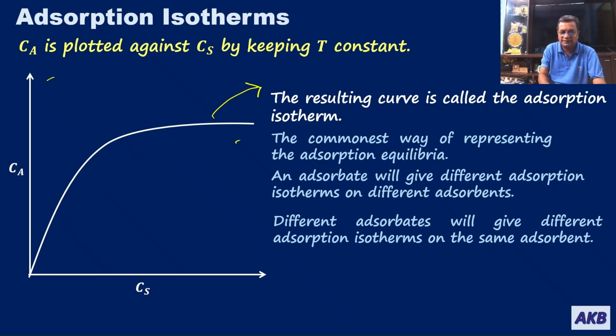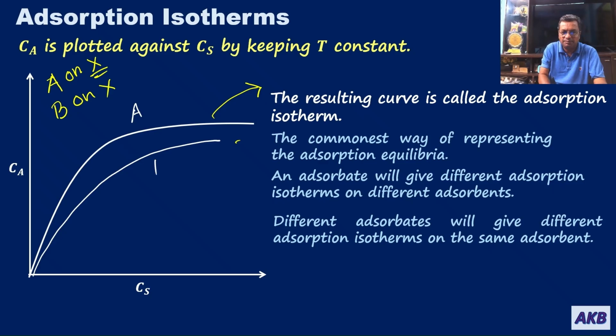For example, let us say we have this adsorption isotherm for adsorption of A on an adsorbent, let us say adsorbent X. Now, if I keep the same adsorbent and study adsorption of some other component, let us say B, so A on X, and now B on X, in that case also I'll be getting a different adsorption isotherm. If this is for A, this is for B.